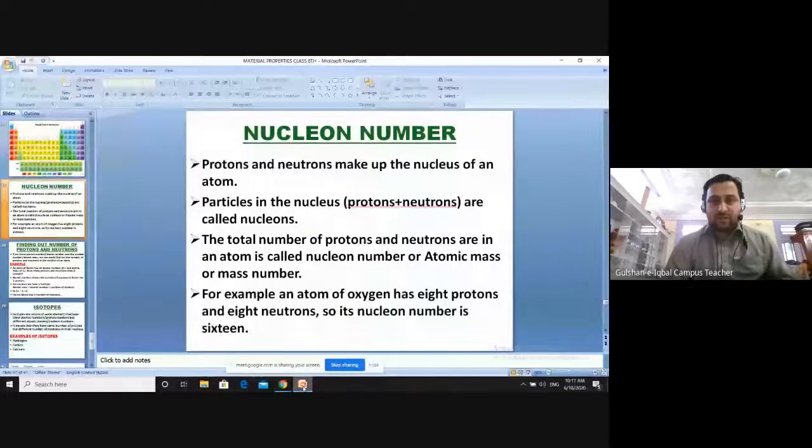In the last 2 points, you have written that the total number of protons and neutrons in an atom is called its nucleon number, or the nucleon number is also called atomic mass or mass number. For example, an atom of oxygen has 8 protons and 8 neutrons in its nucleus, so its nucleon number or atomic mass is 16, because nucleon number is the sum of protons and neutrons.